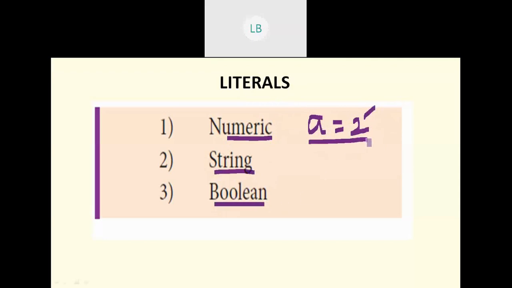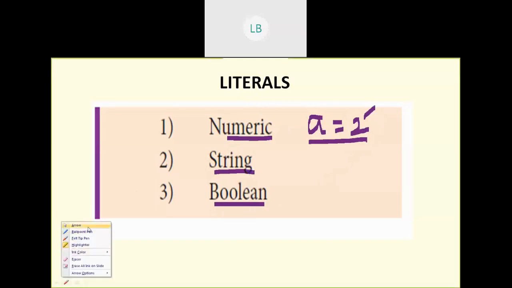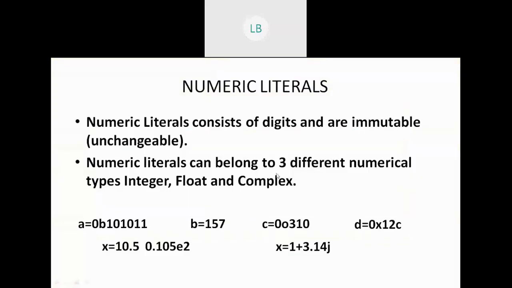In this example, I have assigned 2. It is nothing but a number, integer. So that comes under numeric constant. We'll discuss all these three things with examples. Numeric literals consist of digits and are immutable, unchangeable.